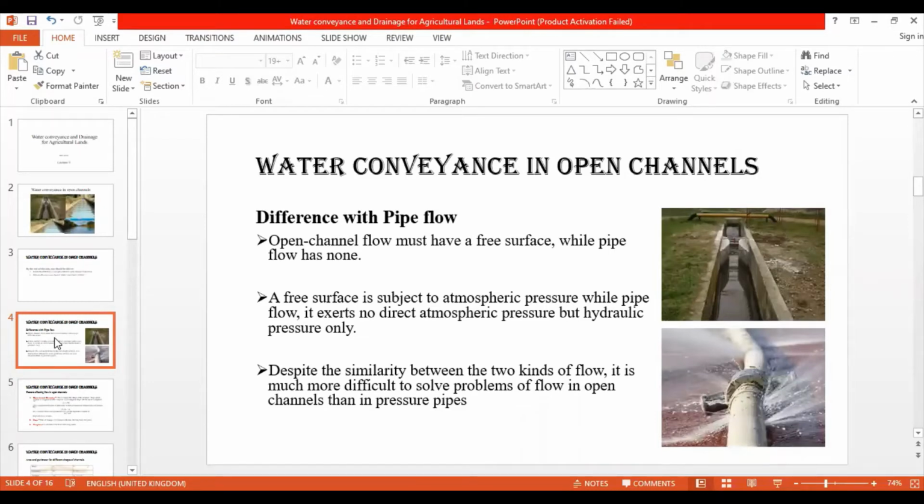Now this exposure to the atmosphere makes life a bit complicated for us, because it will give us problems when we're solving computations to design open channels, because in open channels the water depth may differ at different points, and maybe the land is not very flat.